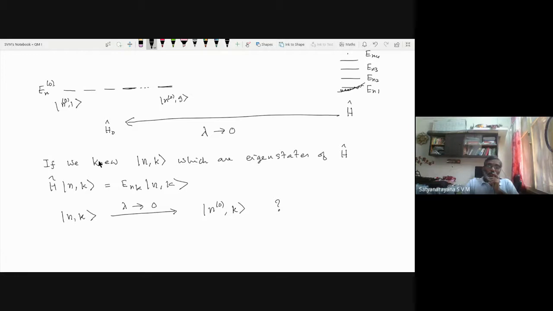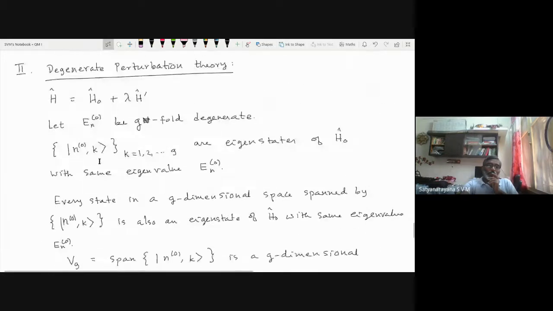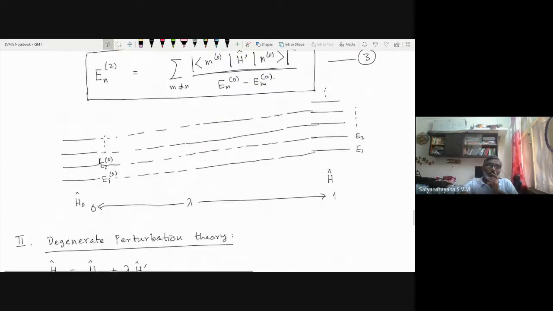In the previous case, if you ask the same question, that is, I have n, does it go to n0 in the limit lambda tending to 0? The answer is yes. n will go to n0 as you tend lambda to 0.